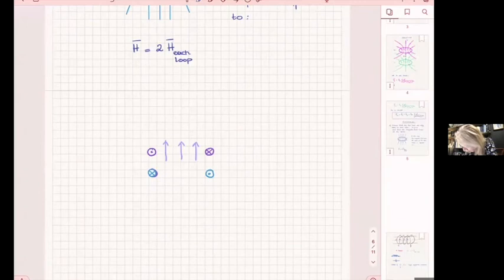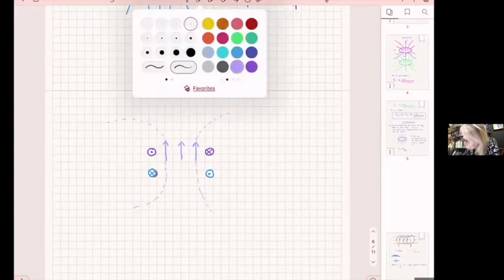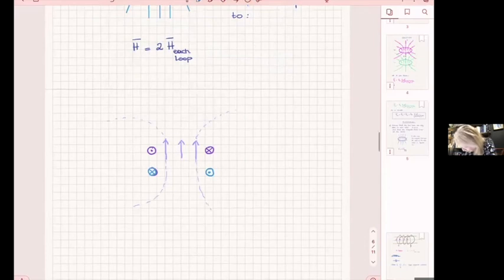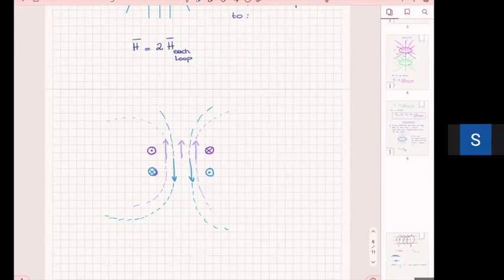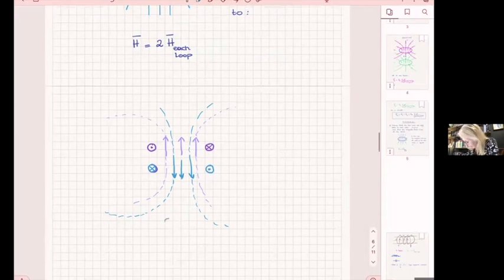And here the lines will go out, obviously. But on the other one it is going to be this, and they will go out like that. And so practically in here, the field is going to cancel out.